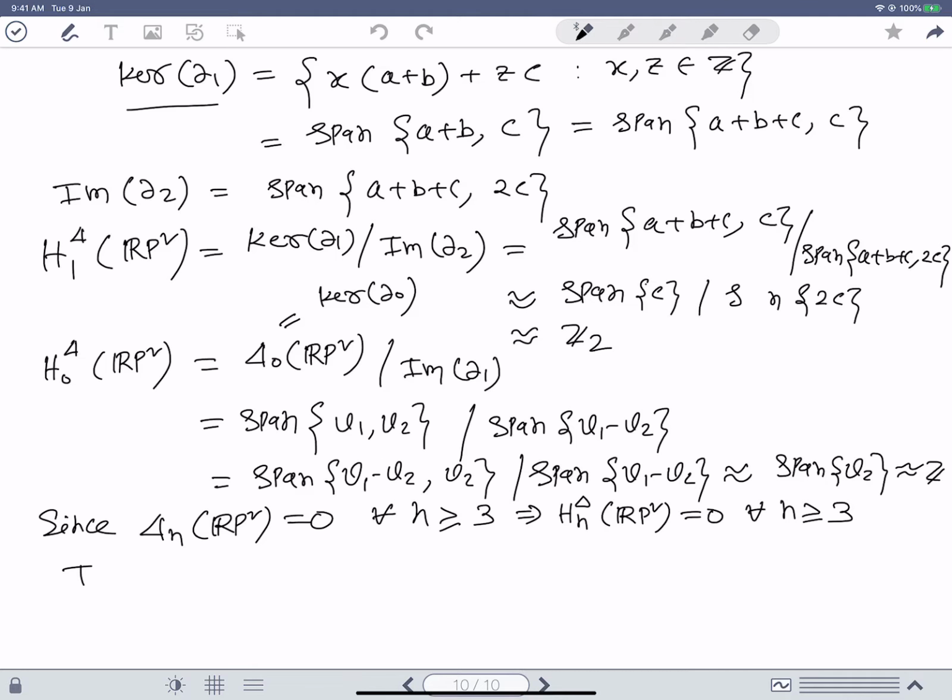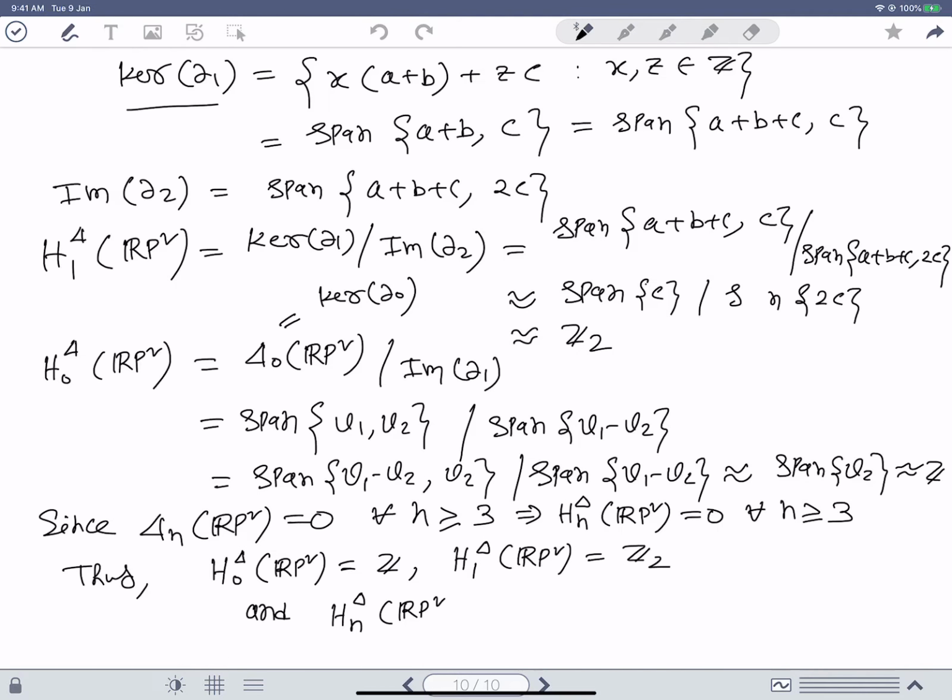So thus we get H0 of RP2 equal to Z, H1 of RP2 equal to Z2 and Hn of RP2 equal to 0 for all n bigger or equal to 2, right? Because we have already proved that H2 of RP2 equal to 0. So these are the simplicial homology groups of RP2.